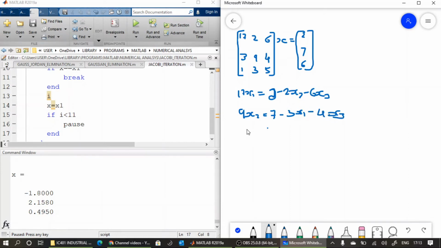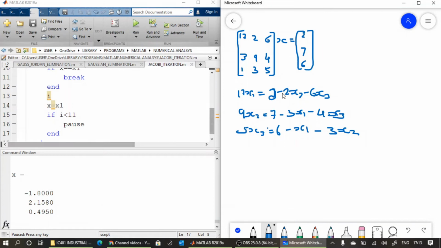Now this one: 5x3 equal to 6 minus x1 minus 3x2. Okay, please note, then divide the entire equation by this coefficient. Divide the first equation by 17, divide the second equation by 9, divide the third equation by 5.